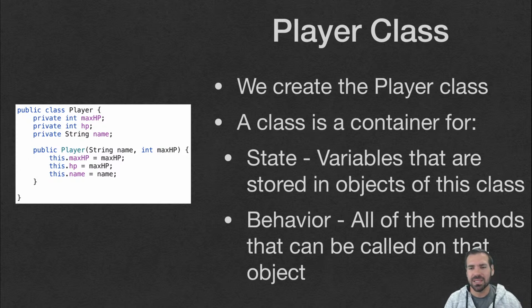So like array list, your state would be all of the values at each index, which is actually represented as an underlying array, which we will actually look at later in today's lecture. And the behavior is like .size, .get, .add, all the methods that you can call on an array list. That's what we want to do here, is we want to create a player that has all of its state, all the stuff that it remembers, and all of its behavior, which is the collection of methods for objects of that type.